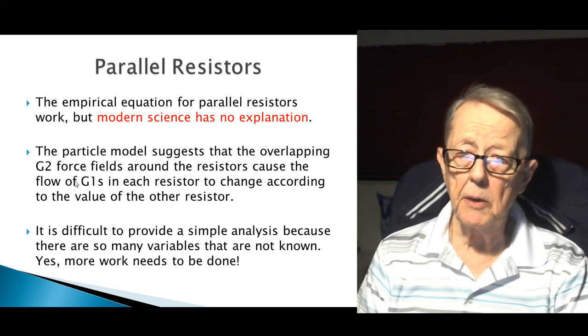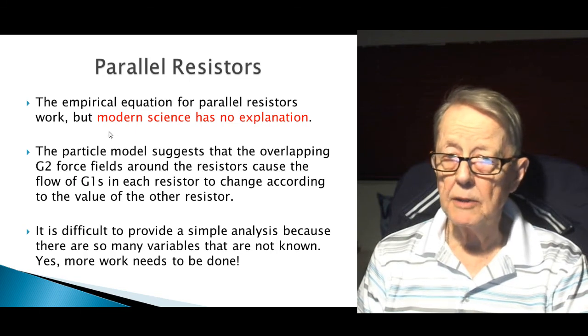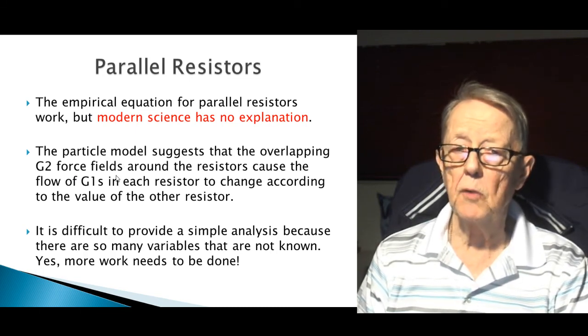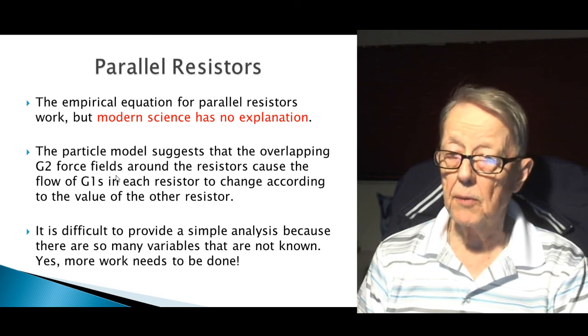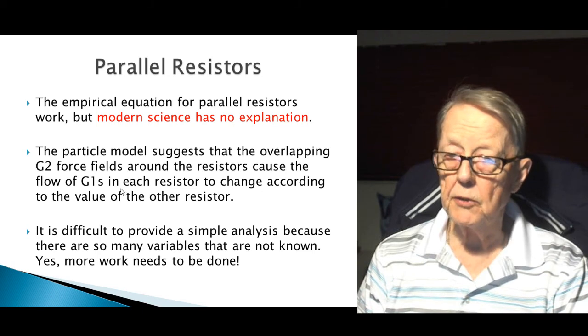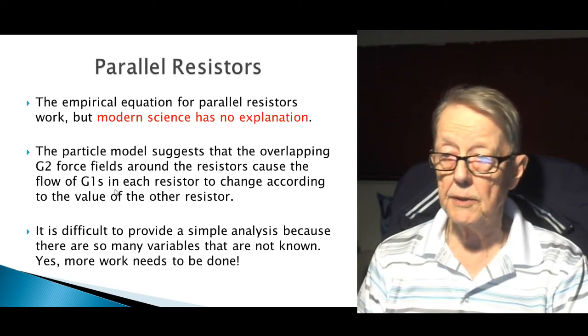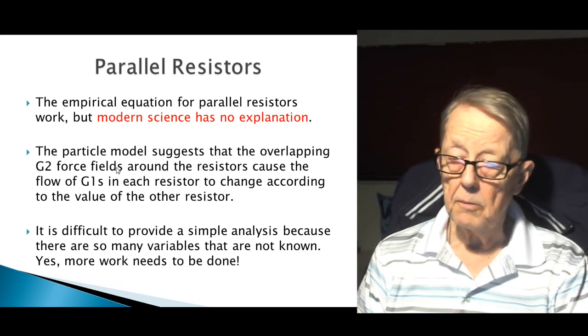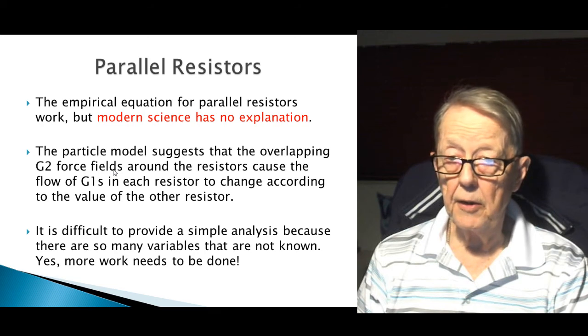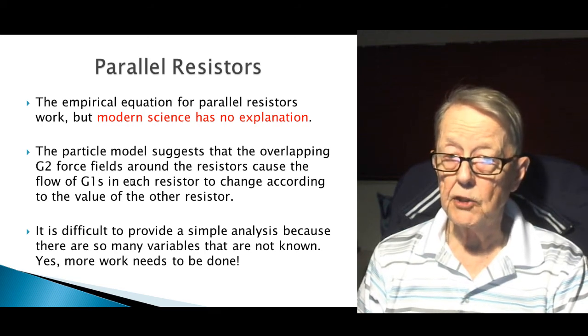It's an empirical equation, and modern science has no explanation. The particle model suggests that the overlapping G2 force fields around the resistor cause the flow of the G1s in each resistor to change according to the value of the other resistor. You can look up parallel resistors again. I don't care. You won't get a suggestion like that.